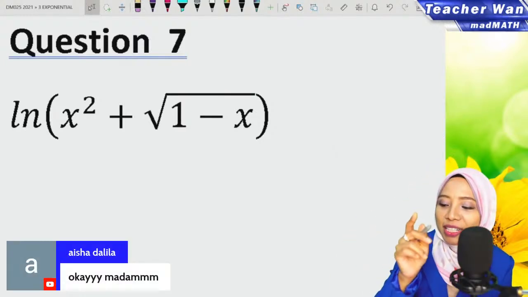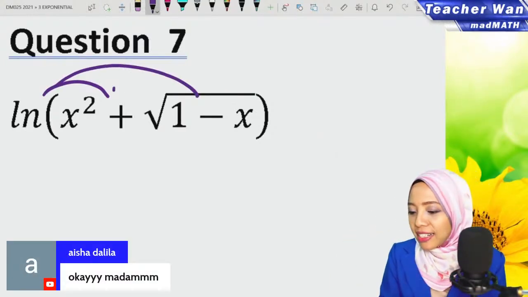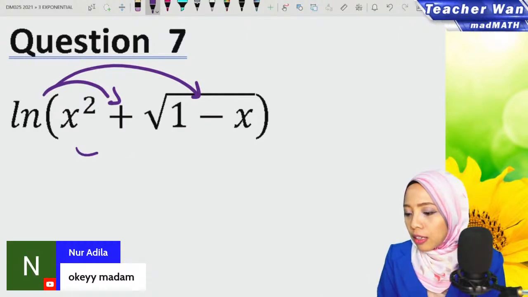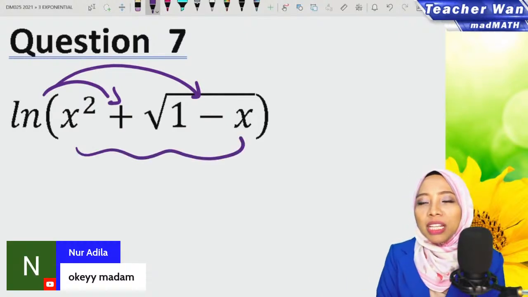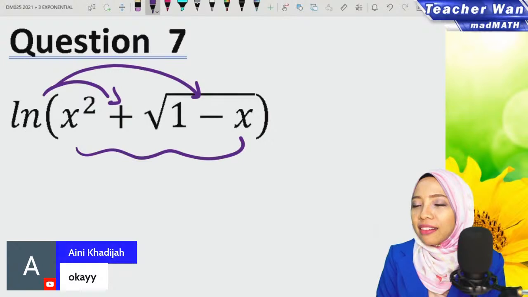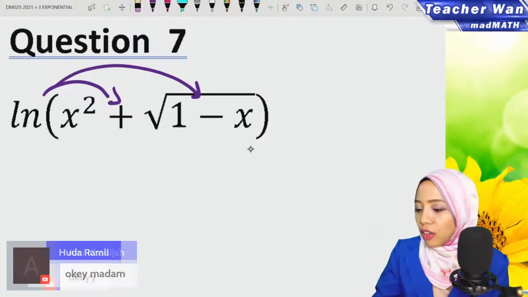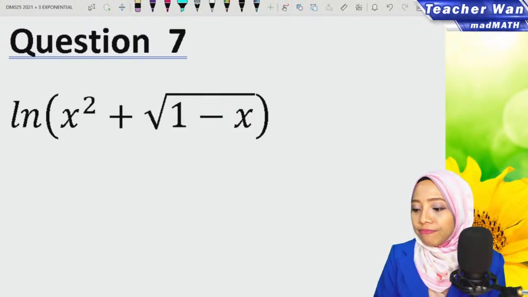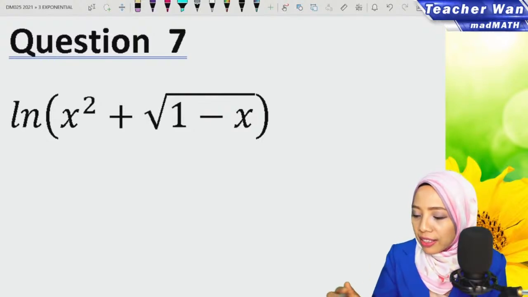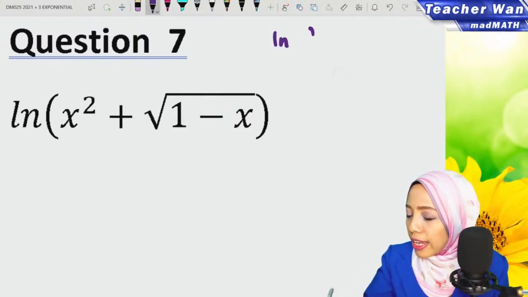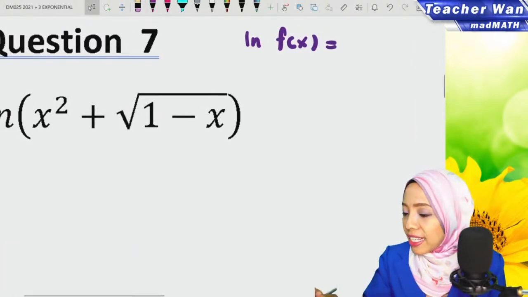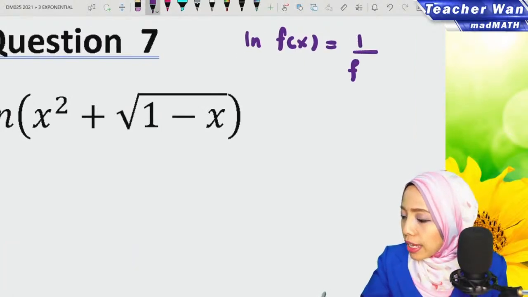Okay, again guys, what I said just now, write down tips: do not expand the ln function in the bracket. Tak boleh, dosa besar. So what you're going to do is, the derivative of ln f(x) is equal to 1 over f(x).